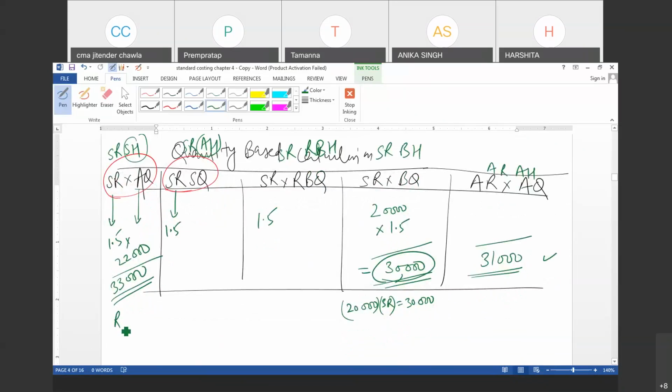First we do RBQ. Any one of you? Budgeted quantity into actual days divided by standard days. What is budgeted quantity?